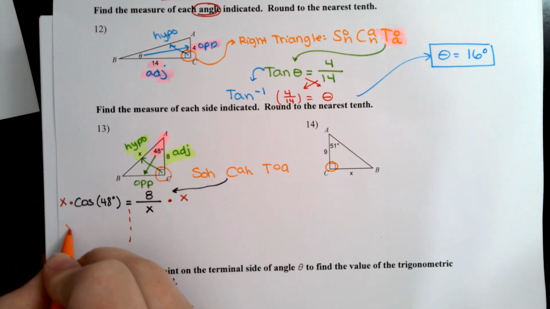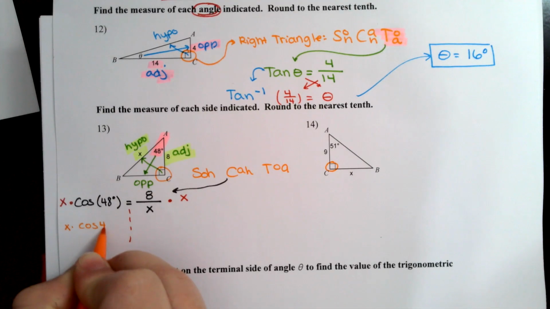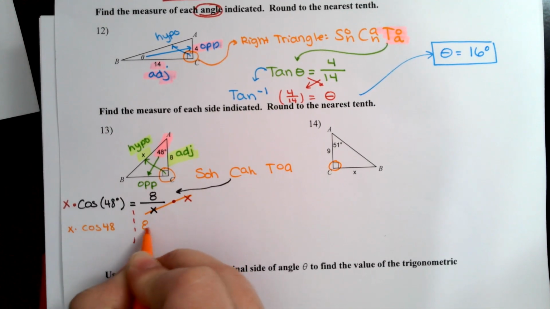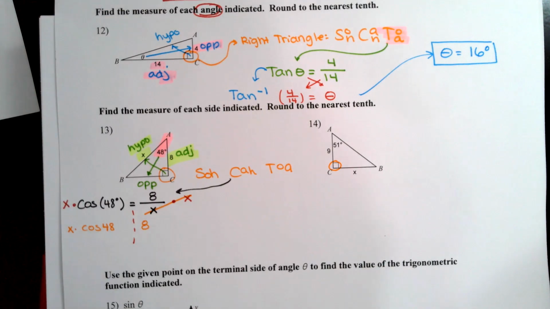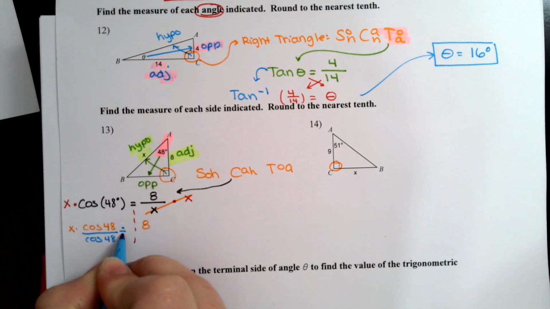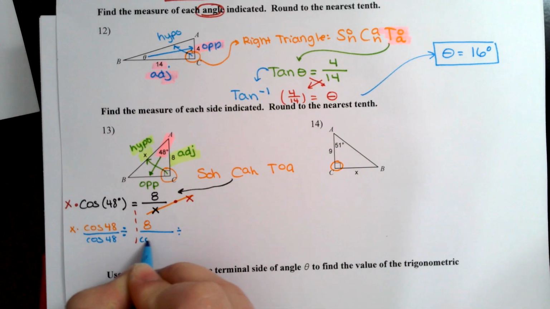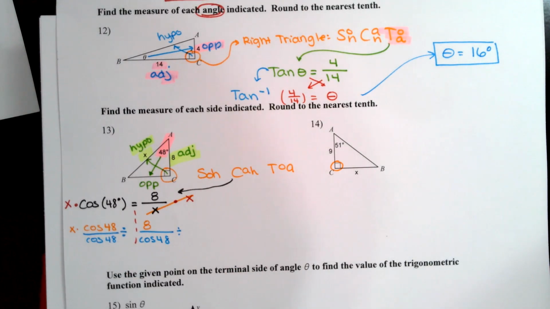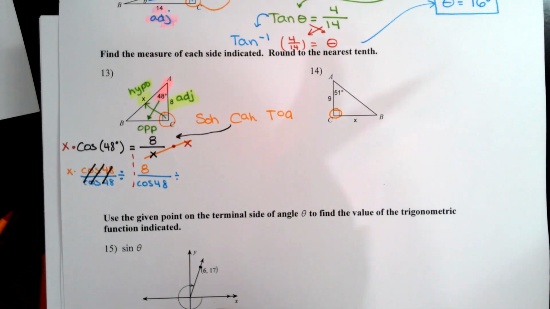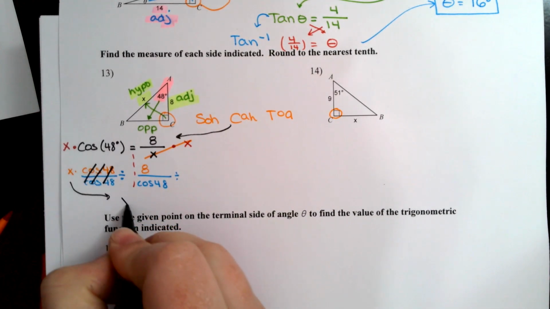You end up having x times cosine of 48 degrees. Do not evaluate this yet. They remove that. We have 8 here. Next, you're going to divide by cosine of 48 on both sides. And remember, on one side, our goal is to remove it. So that cosine of 48 is gone. We have x left over.